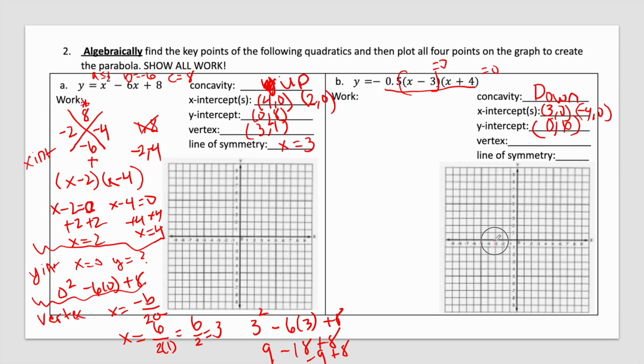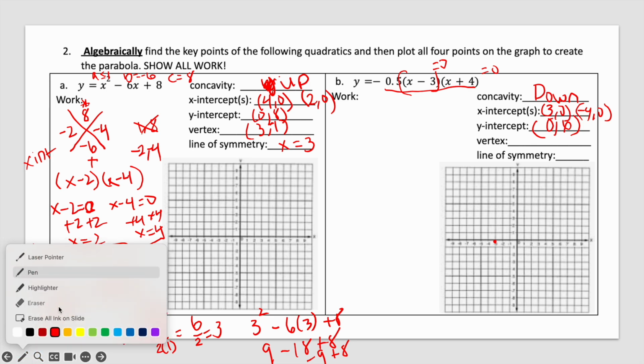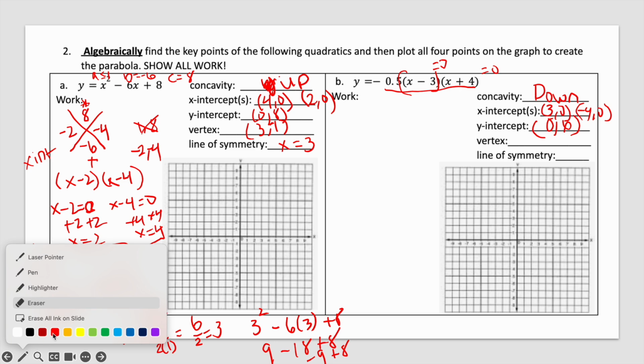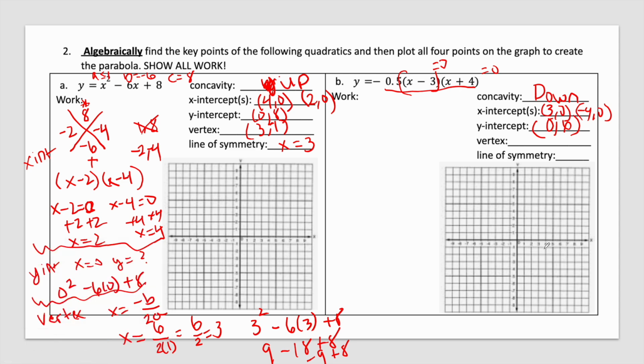That's positive 3. So negative 4 for one of our x-intercepts and positive 3. Right in between there is going to be our vertex and our line of symmetry.